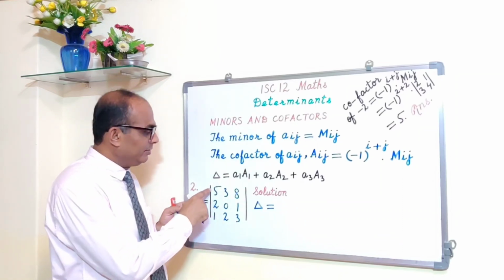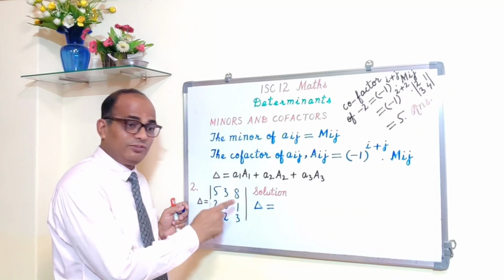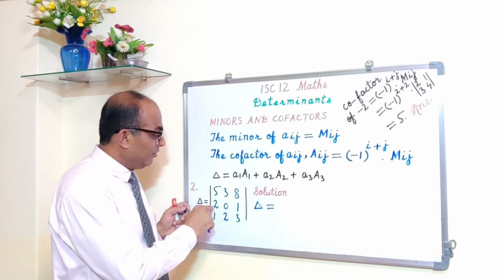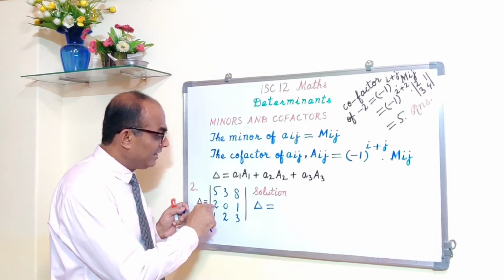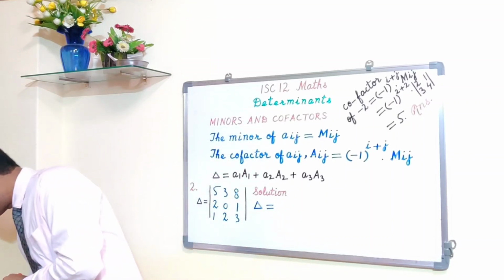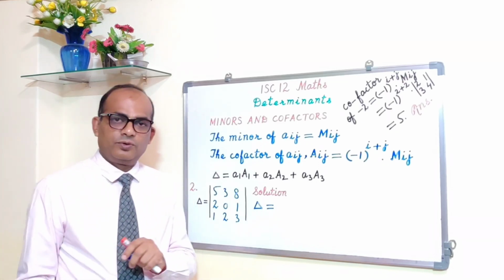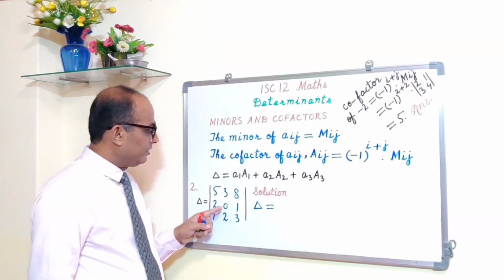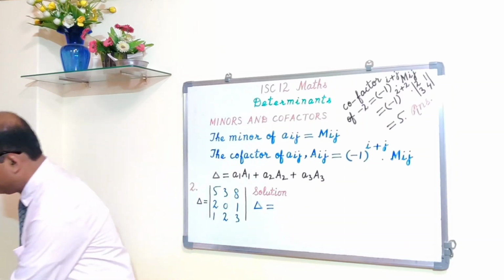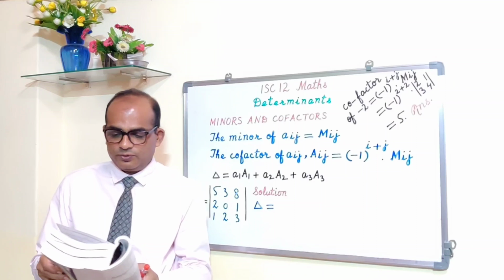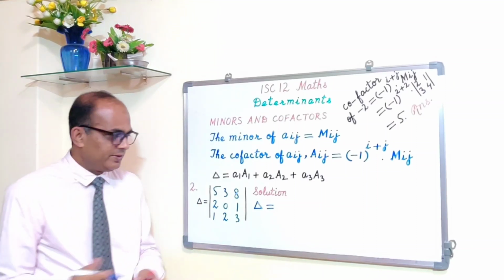But no, there is a restriction. They are saying that with respect to the elements of the second row, using cofactors of elements of the second row. The second row is this.